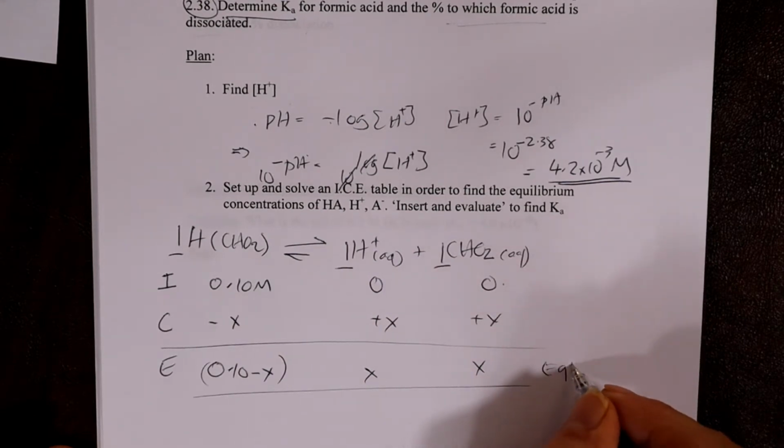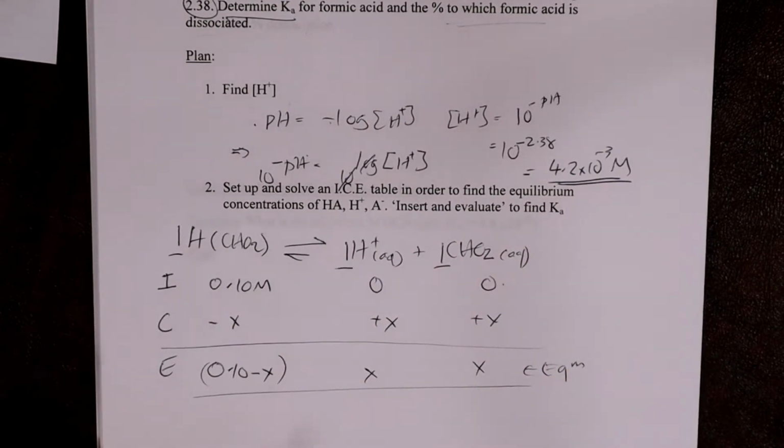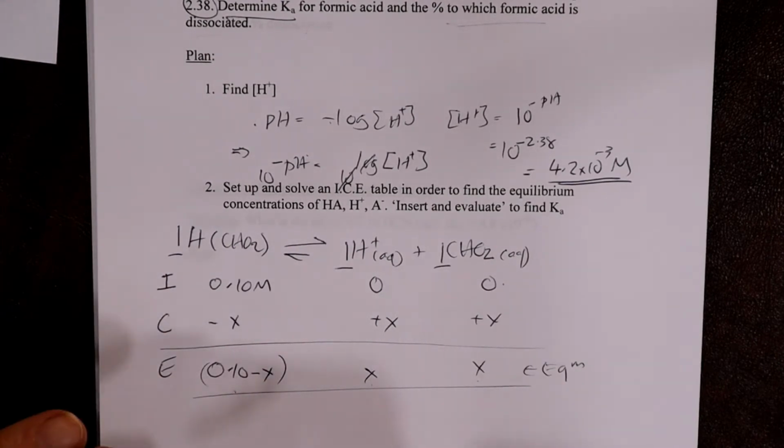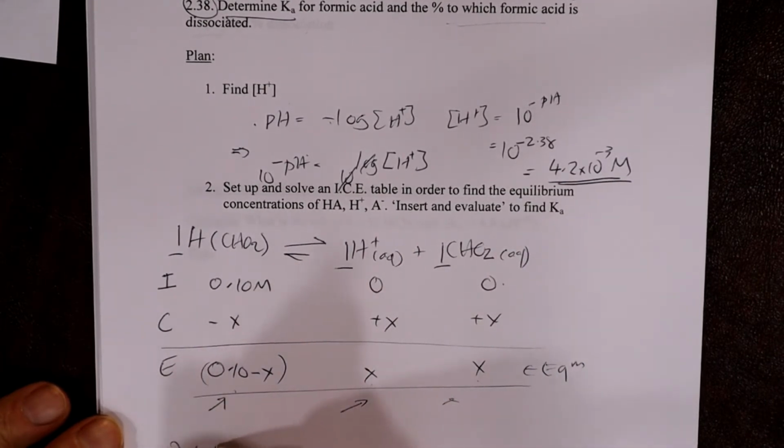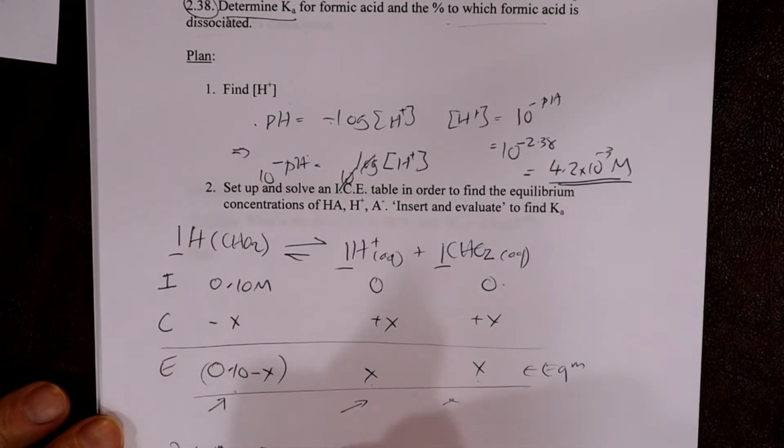That's at equilibrium. So at equilibrium, K applies, right? K is products over reactants as our algebra way of doing that. Now, if you think about it, what have we got here? We've got equilibrium values. So at equilibrium, the concentration of HCHO2 equals 0.10 minus x.